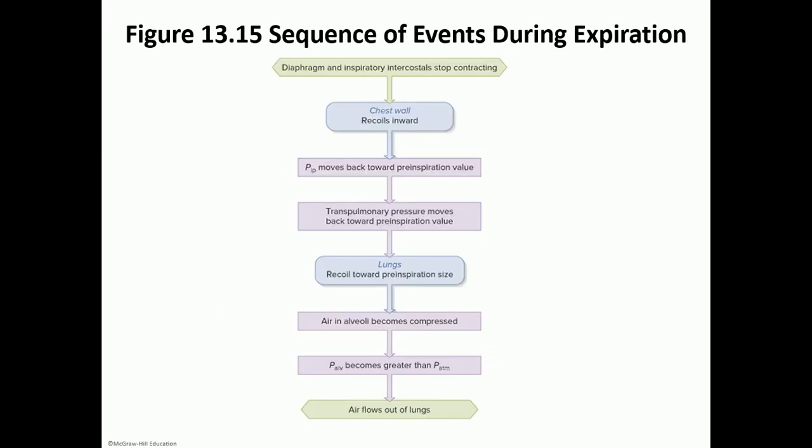Now, the sequence of events during expiration, we have the diaphragm and the intercostals relaxing. By the elastic recoil, passively, the lungs are going to deflate or start deflation. And that leads to increased pressure inside of the alveoli, higher than the atmospheric pressure, and that is going to eventually push air out of the lungs.